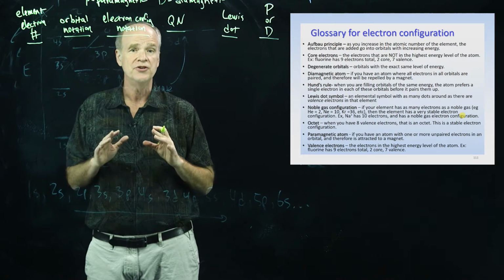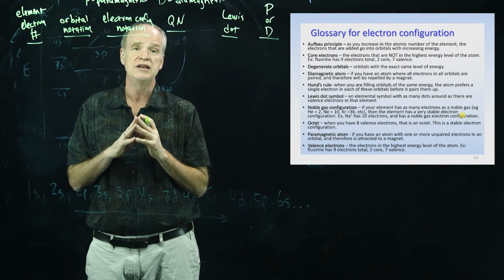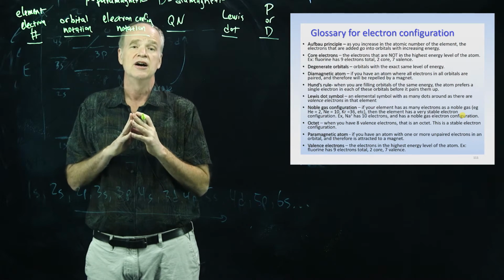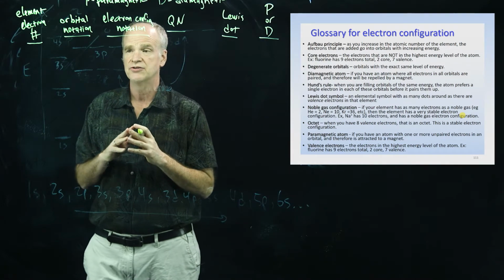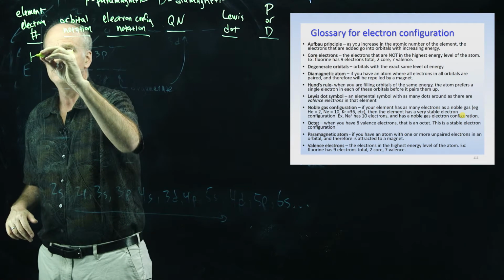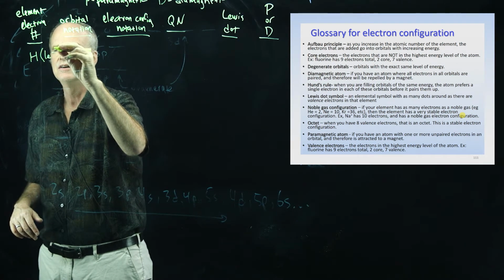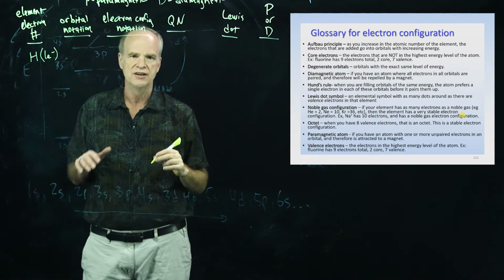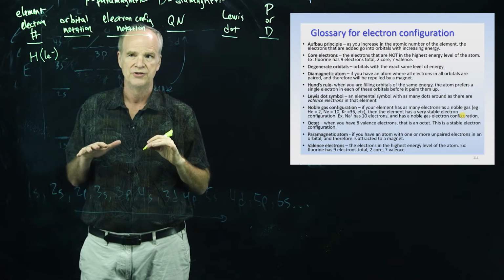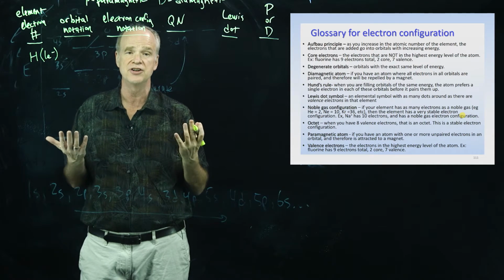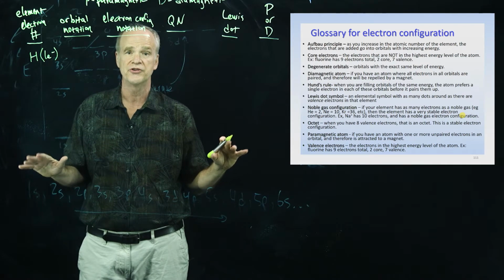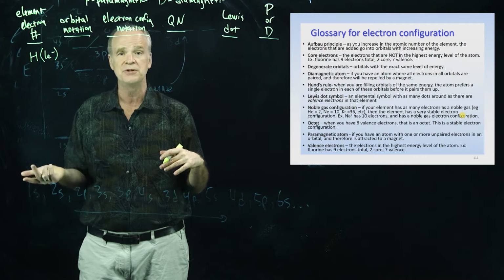Okay, so the first thing I want to do is consider the electron configuration of hydrogen, which has only one electron. So I have hydrogen here, and there's one electron, so I'll put parentheses 1e. So the question is, what orbital does this one electron of hydrogen go to? In hydrogen, there are plenty of orbitals: the 1s, the 2s, the 2p, 3s, 3p.